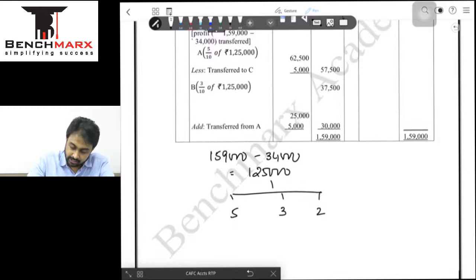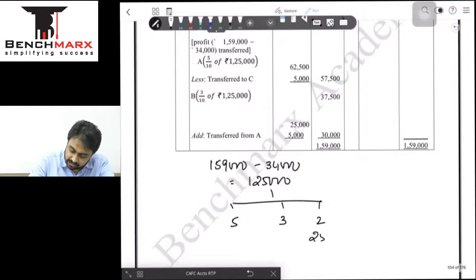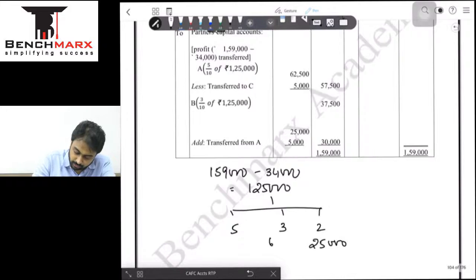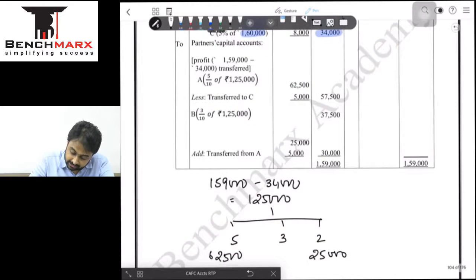By doing this, Mr. C has 25,000, Mr. B is going to have 37,500, and Mr. A has 62,500. This is our share in the profits.